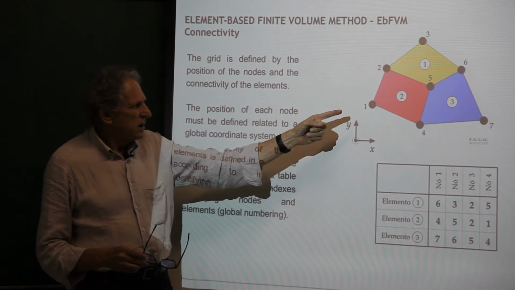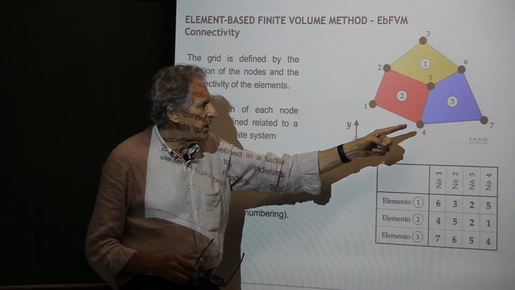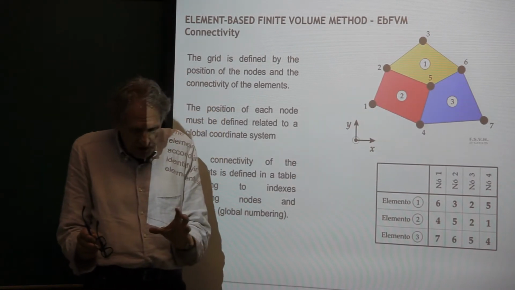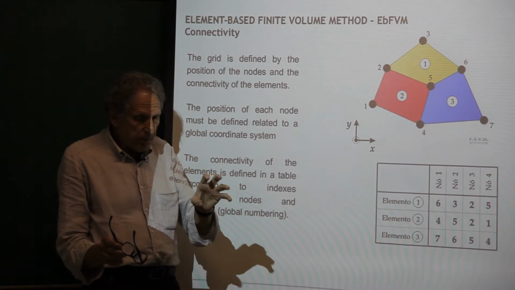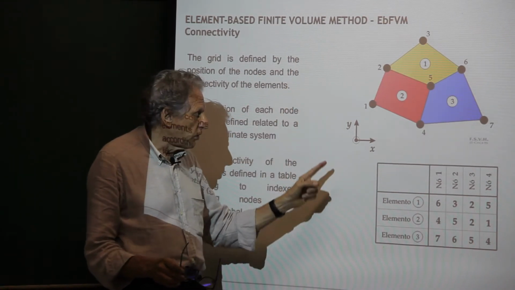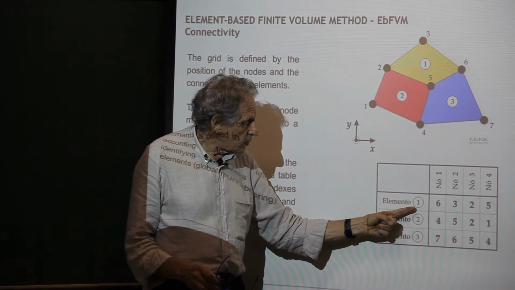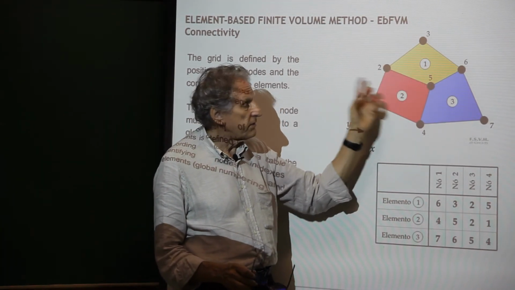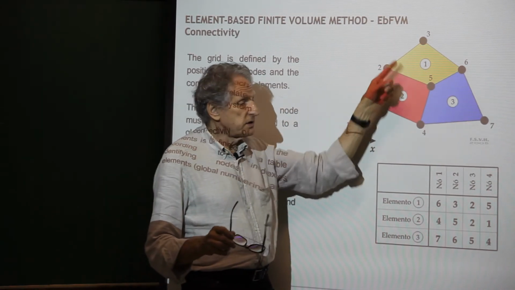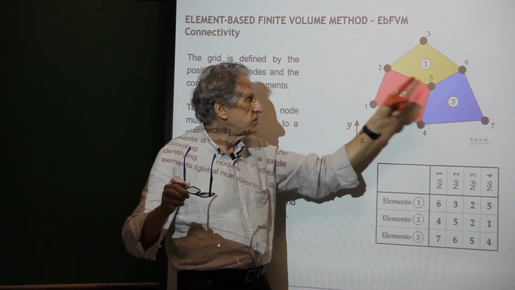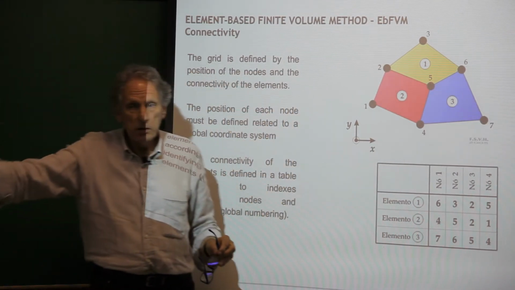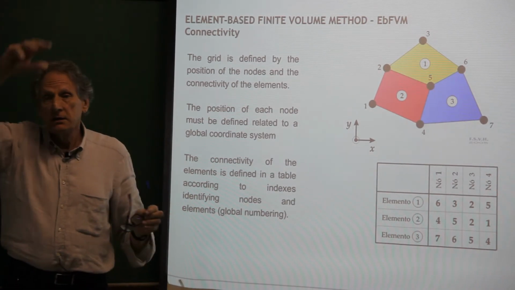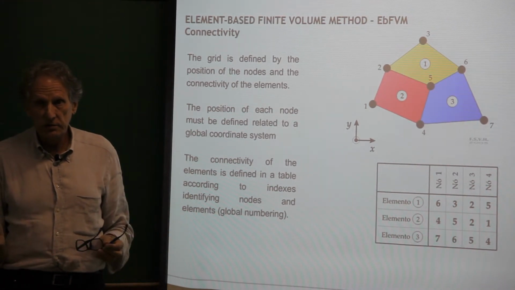Let's see this one. We have 7 nodes and 3 elements. Because it's local, there is one pattern that I will say: 1, 2, 3, 4. So element 1 is the nodes 6, 3, 2, and 5. Remember that the numbering of the nodes is global, because these numbers mean the 10,000 or 1,000,000 nodes that you have in the solution.